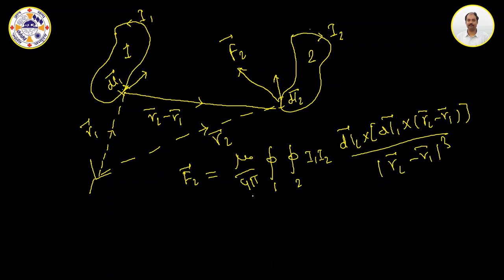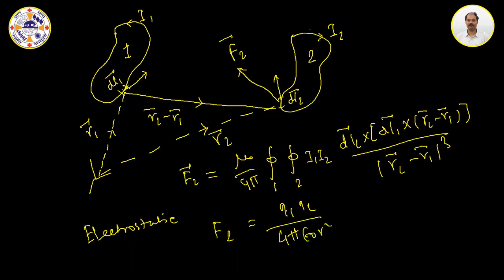This is very much familiar to us. You can remember in electrostatics the Coulomb expression of force: F2 is equal to Q1 Q2 divided by 4 pi epsilon 0 r square.